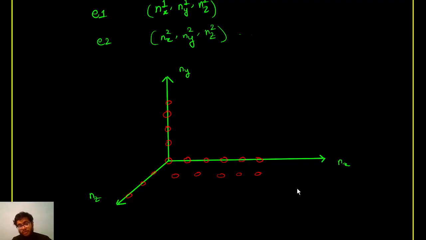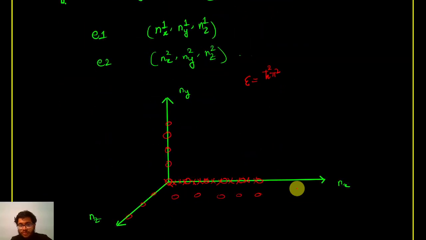Maybe there are a lot of electrons, so the grid points are situated in a very dense manner. So we can assume that they are continuous for now, but we will later drop that assumption obviously. So epsilon is h bar square pi square by 2me into nx square by lx square plus ny square by ly square plus nz square by lz square.